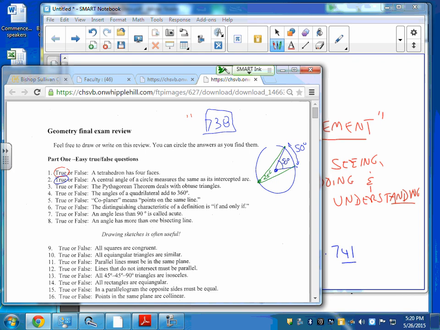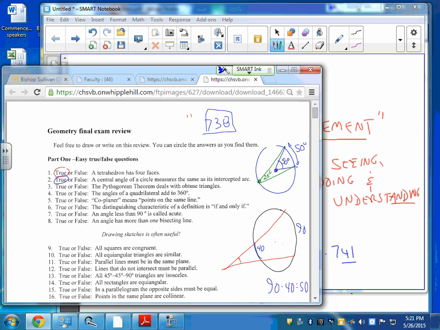And then they also have a picture where you have secant segments going outside the circle like that, where this angle is half of the difference between these arcs. Let's say this was 40 degrees, and this one was 90 degrees. You take 90 minus 40, that's 50.